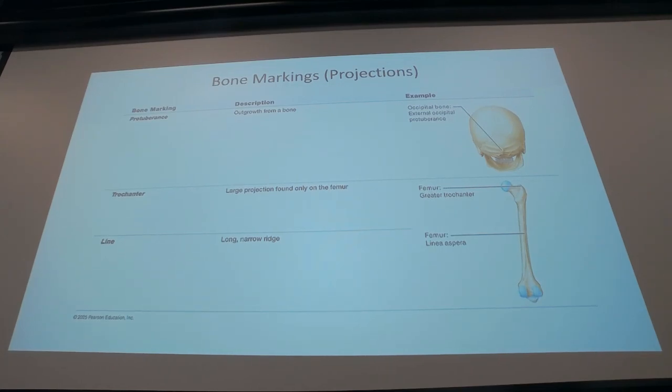Now lines are long, narrow ridges. So for instance, we have the linea aspera, which is this long line that runs from the proximal epiphysis to the distal epiphysis in the femur. So linea aspera means rough line.